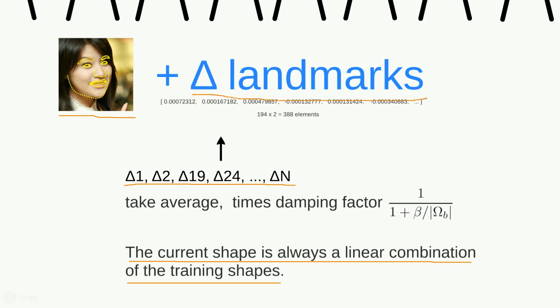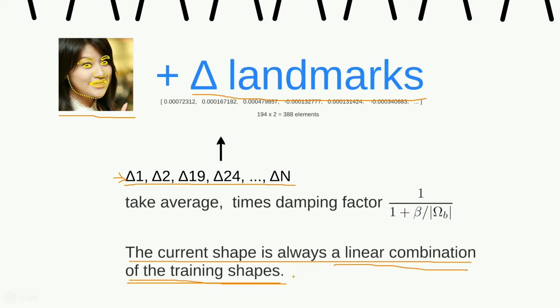And then this delta landmarks is a linear combination of these. So this is also a linear combination of the training shapes. And as we add these two together, the new current shape will also be a linear combination of the training shapes. So this has proved this statement.